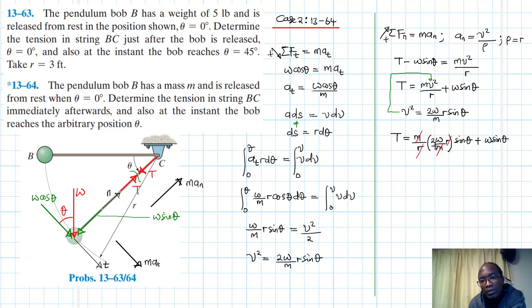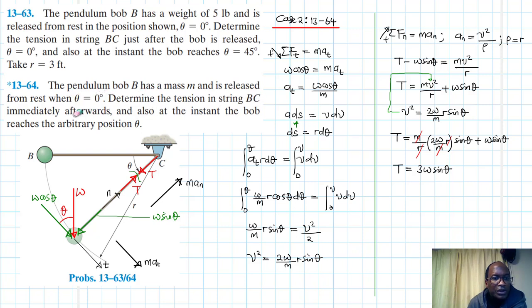And then later on we just remain with 2W plus W, so therefore our T is just going to be equal to 3W sine θ. Okay, 3W sine θ.